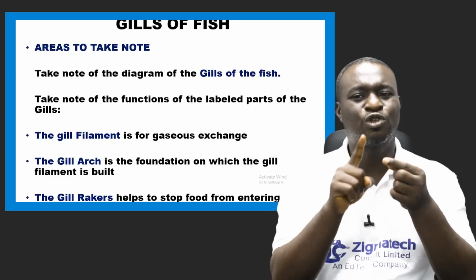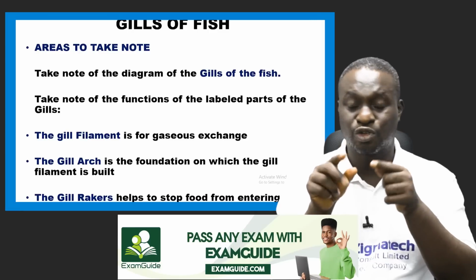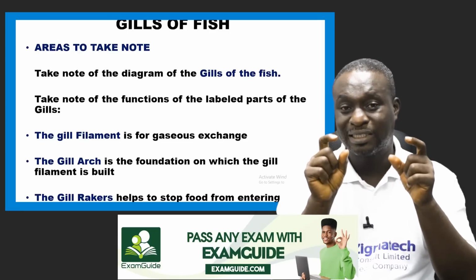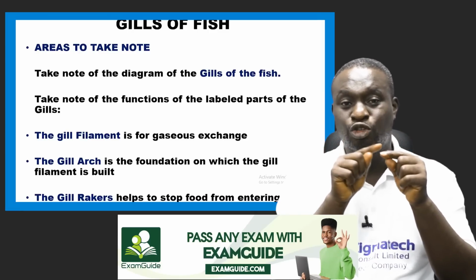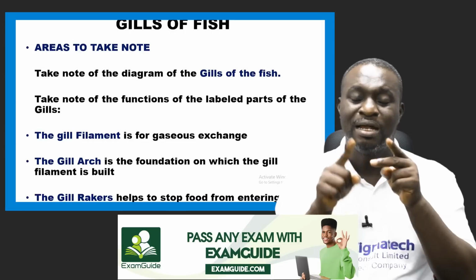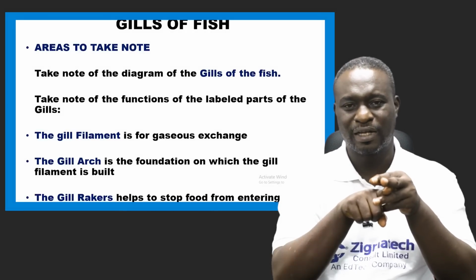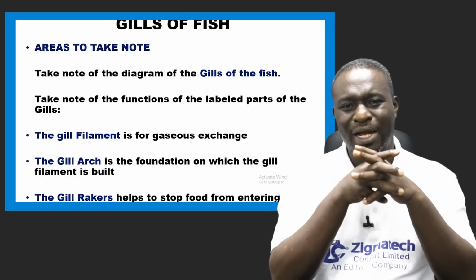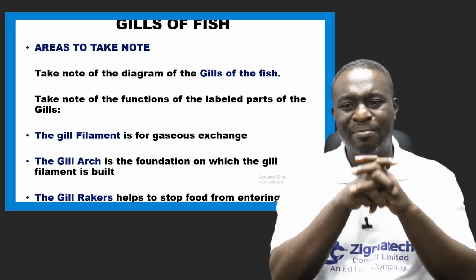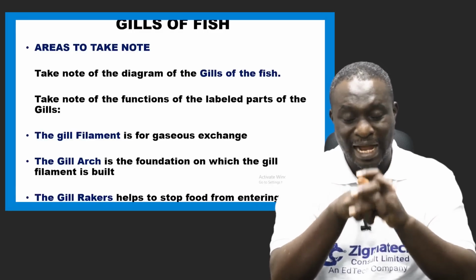So please also take note of their function. When labeling, you are expected to label the gill filaments, the gill arc, and the gill rakers. These are the areas you are expected to label accurately.